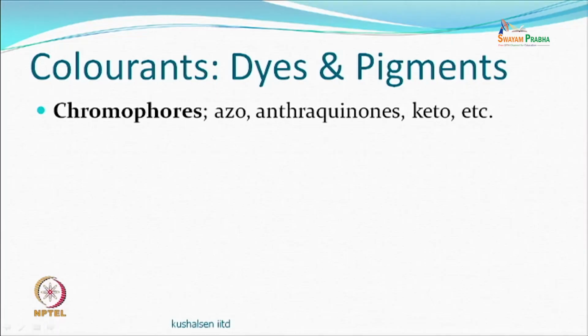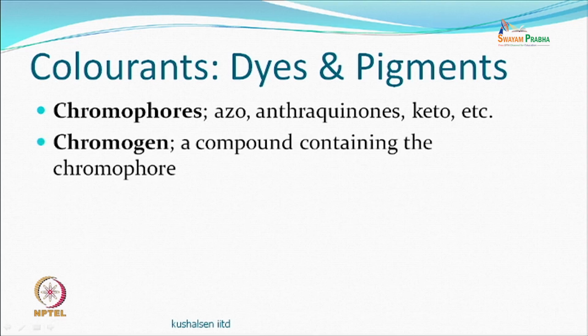So these are the most important part of the colorant, which let us say could be a dye or a pigment. Chromogen is another supporting compound which obviously contains the chromophore. Now this main body of the dye or pigment is the one which holds the chromophore, but it must also be interacting with the fiber. That is, when we talk about affinity towards a fiber, then some of these things can define it.